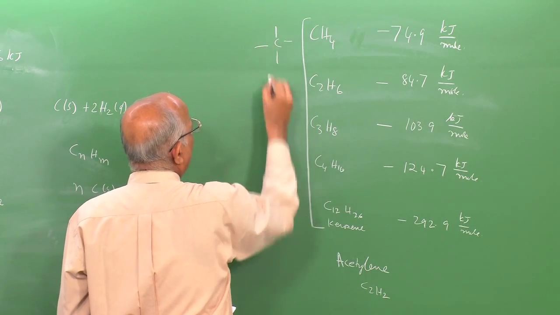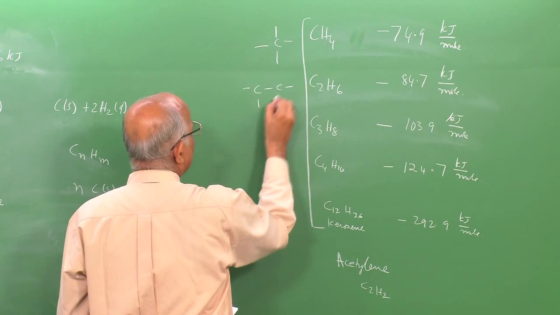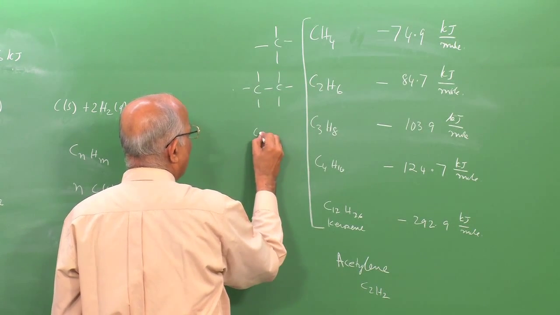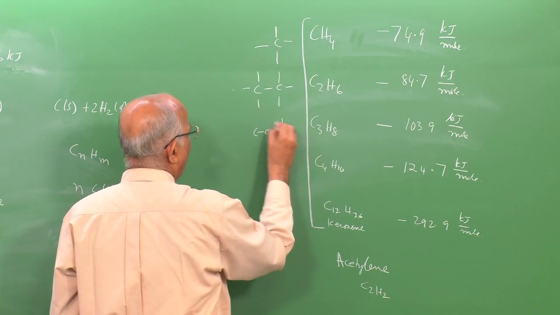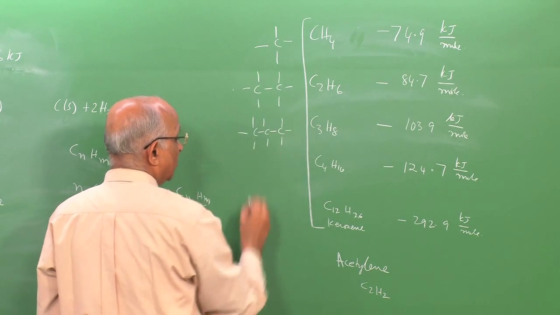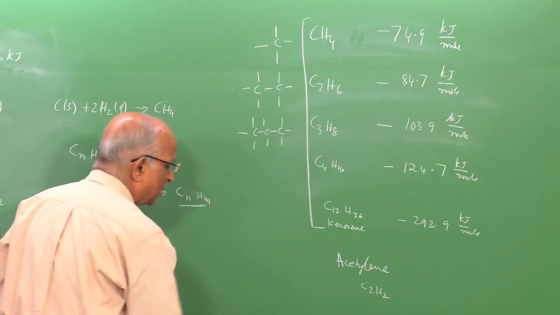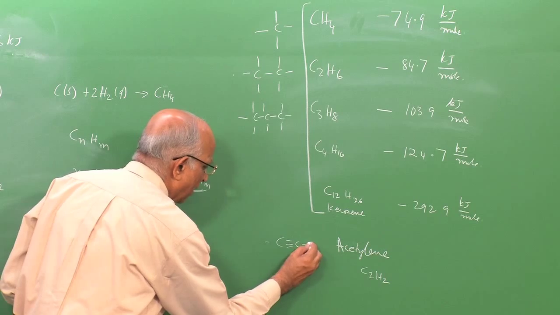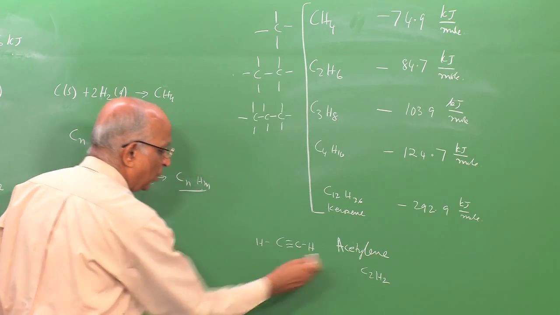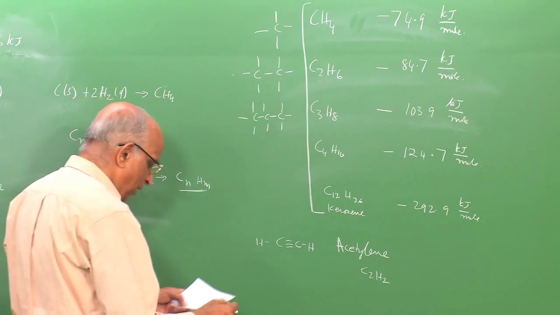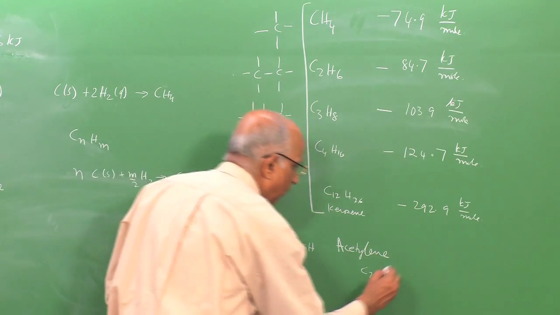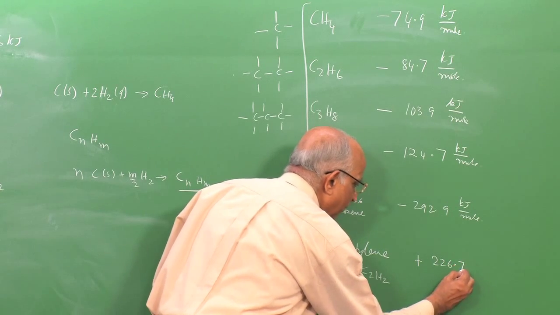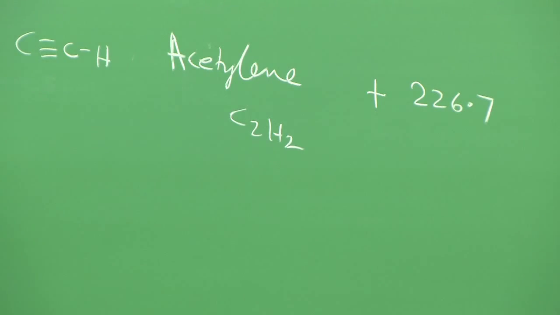We have CH4, we have C2H6 over here, these are the hydrogen atoms which are attached to this, we have C3H8, we have hydrogen bonded to this and so on. But when it came to acetylene, we had a triple bond and then we had H and H over here, C2H2, and in case of acetylene the heat of formation is positive and it is equal to plus 226.7.